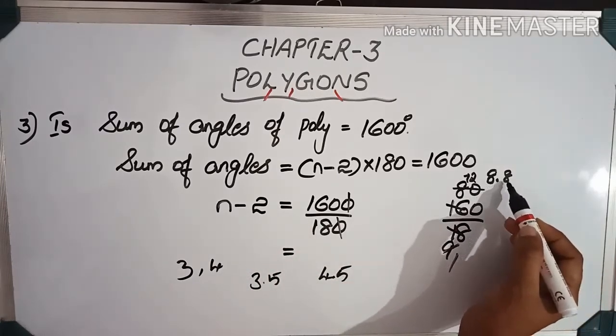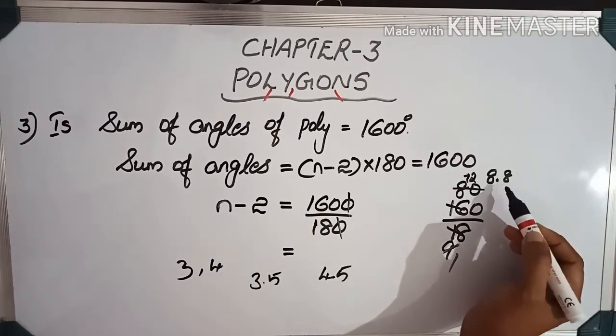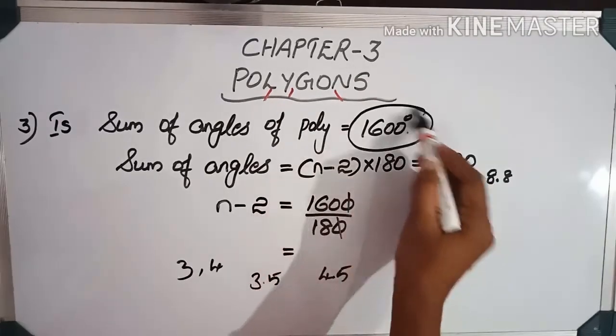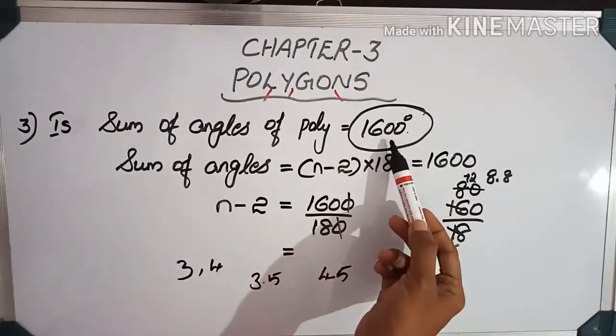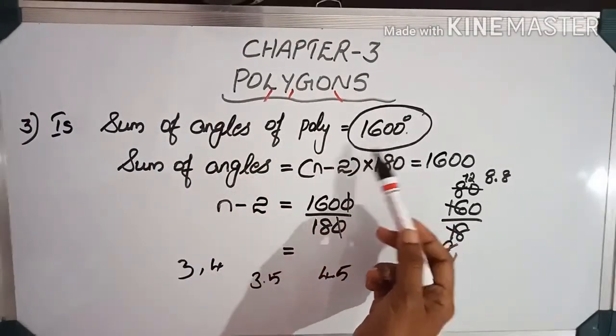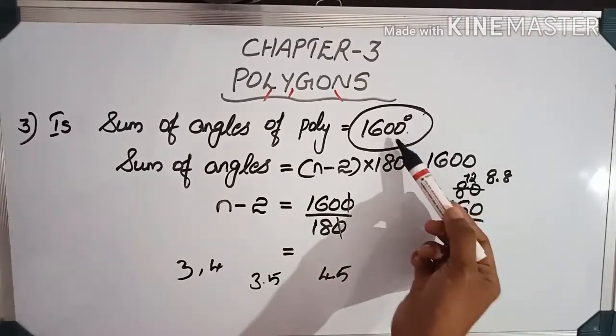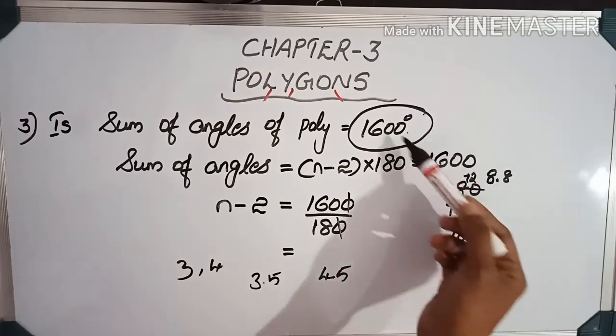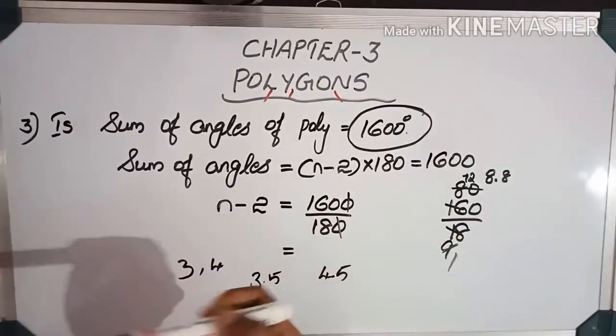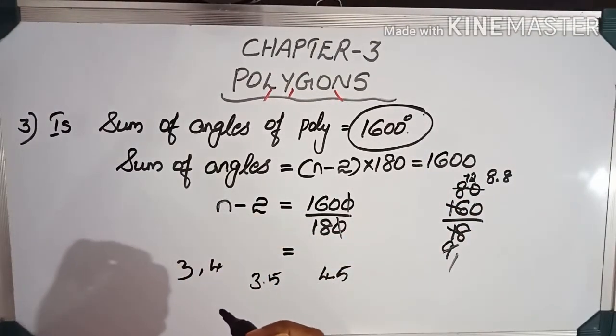But here we got 8.8 as the answer. A decimal value comes. That means it is not possible to draw a polygon with a sum of angles as 1600. Okay, that's why. So 1600 is not possible. That is the answer.